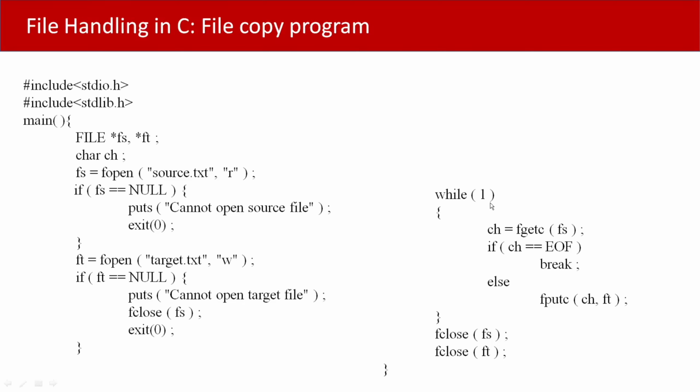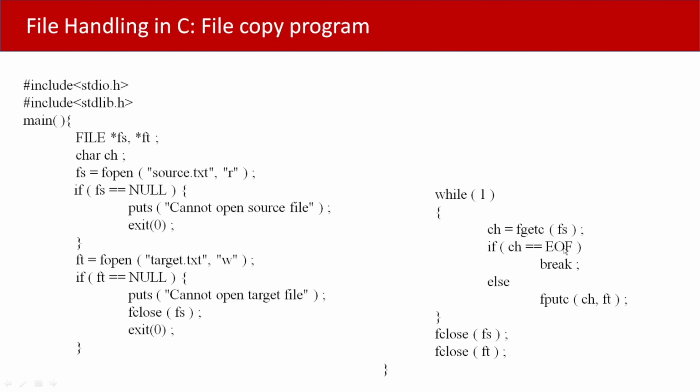Now in the while loop, using the fgetc function, we read from the source file. Each character will be read until we have reached the end of file. So instead of EOF, you can also write 26, as 26 is the ASCII code of end of file.